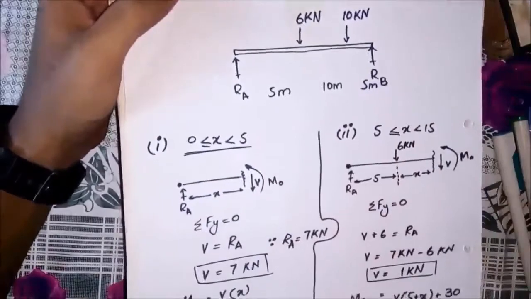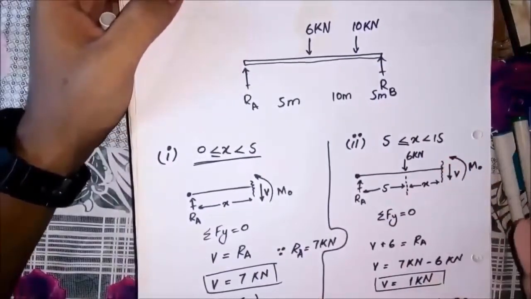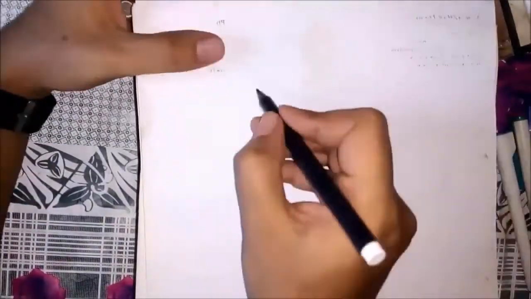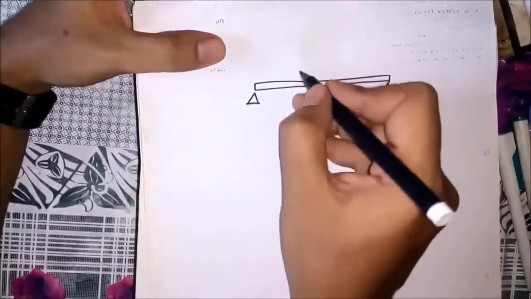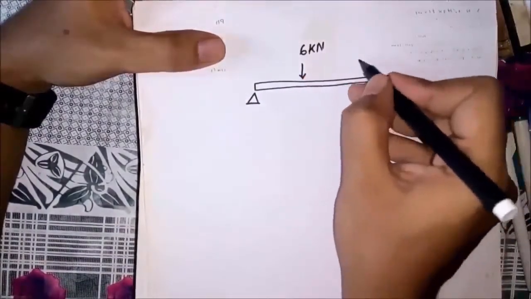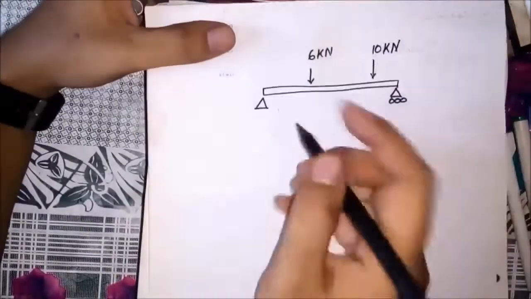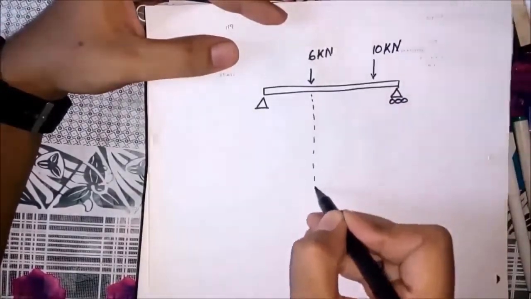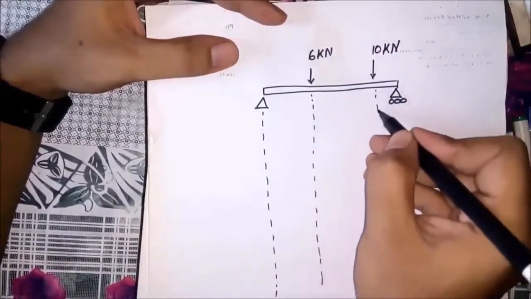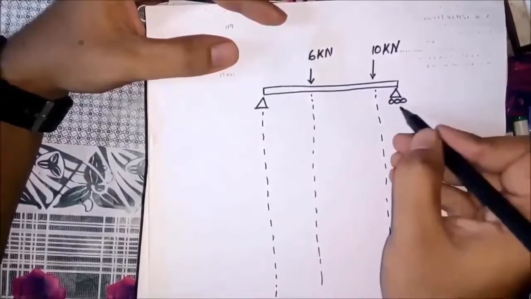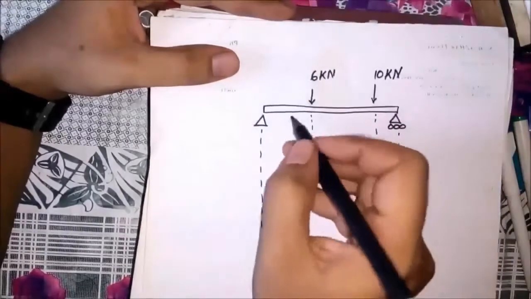There were 3 segments of the given beam and we have solved each one. Now we have to draw the shear force and bending moment diagrams. First of all, draw the beam as it is given in the question. At every marked distance or section where you have sectioned the beam, draw vertical lines and mark the distance between them.